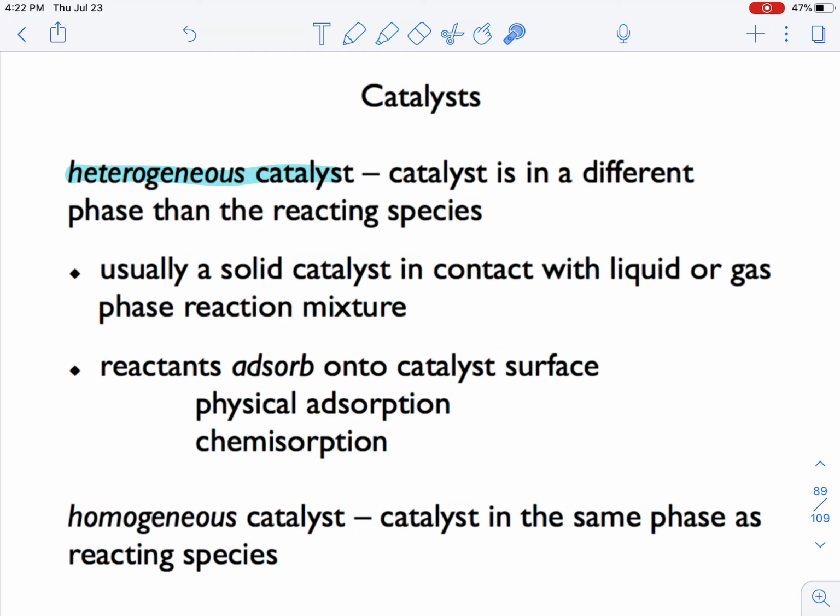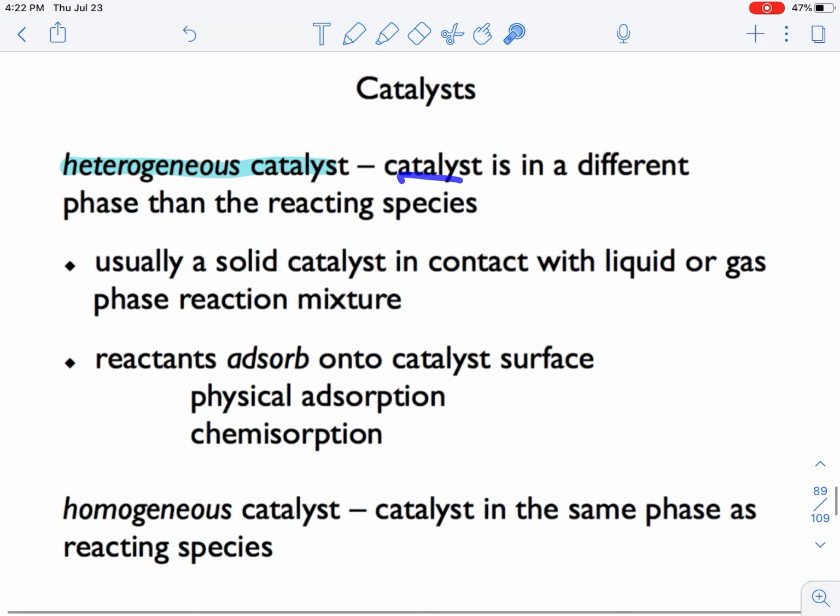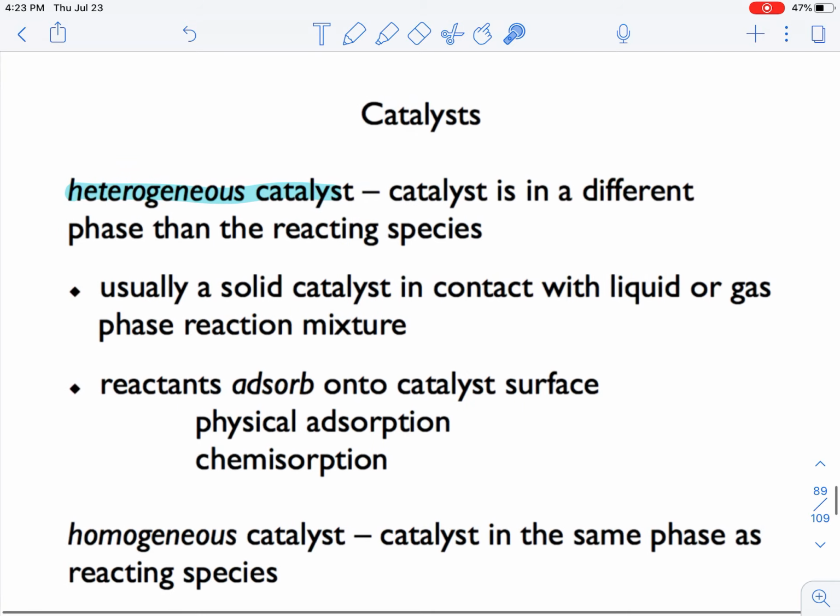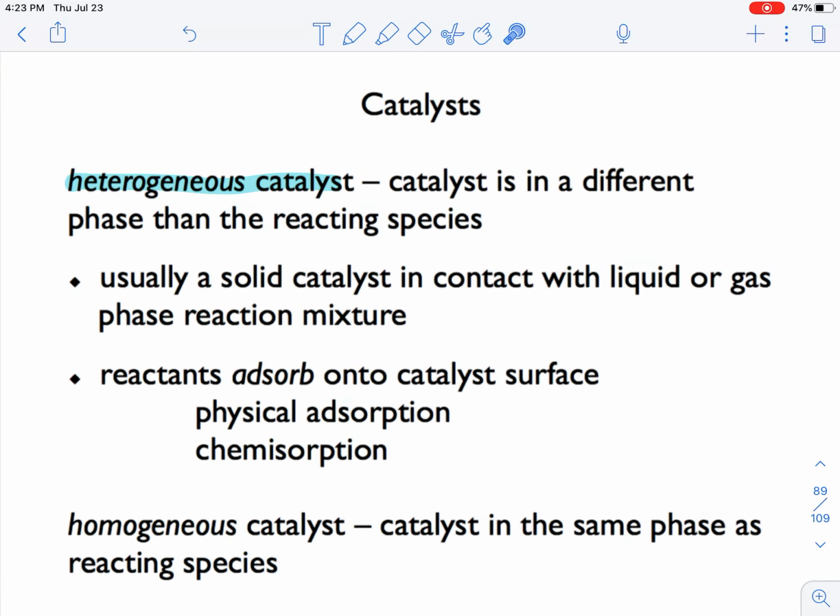In other words, if the reacting species is liquid or gaseous in form, then the catalyst could be solid in form, for instance. Basically, the idea is that a heterogeneous catalyst just needs to have a different physical state of matter, so solid, liquid, or gas, compared to the reacting species.